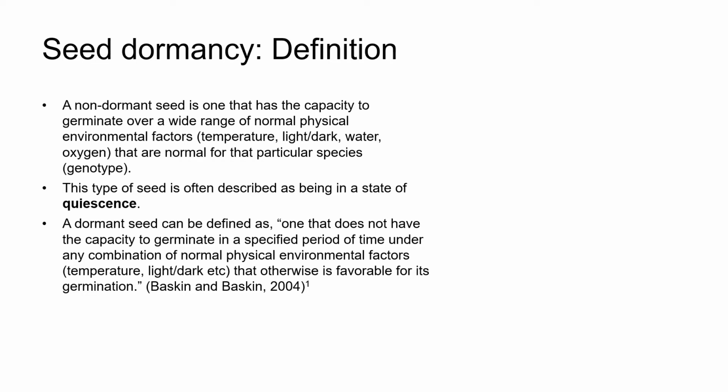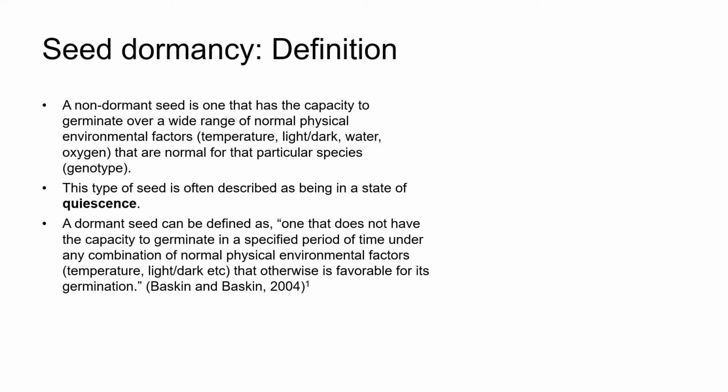Let's start with a couple of definitions. We learned in the previous unit that a non-dormant seed is one that has the capacity to germinate readily when it's given physical environmental conditions of temperature, light, water, and oxygen that are normal for that particular species or genotype. And this type of seed is described as being in a state of quiescence.